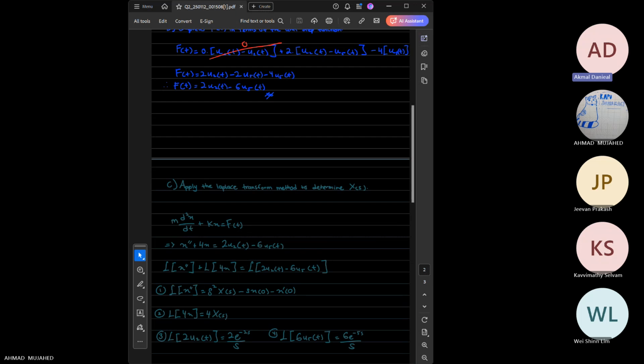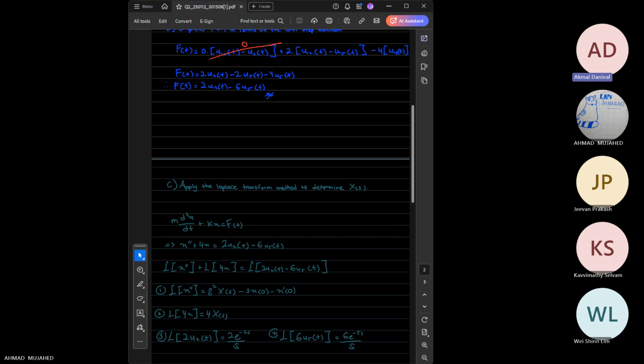So we replace with what we got at equations A and B: x double prime plus 4x, and our f(t) is 2u2(t) minus 6u5(t). So we Laplace transform all of the above.